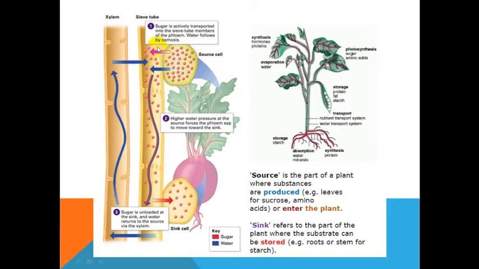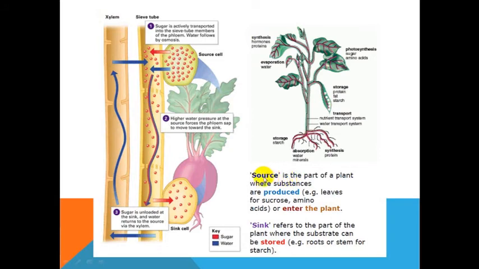Then the phloem will transport it down, because higher pressure at the source forces the phloem sap to move toward the sink. The sugar is unloaded at the sink, and the water returns to the source via the xylem. Xylem is the only tissue that transports water, so it has to be returned that way.